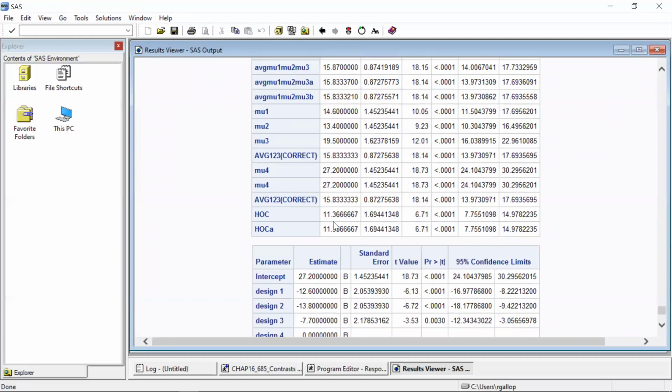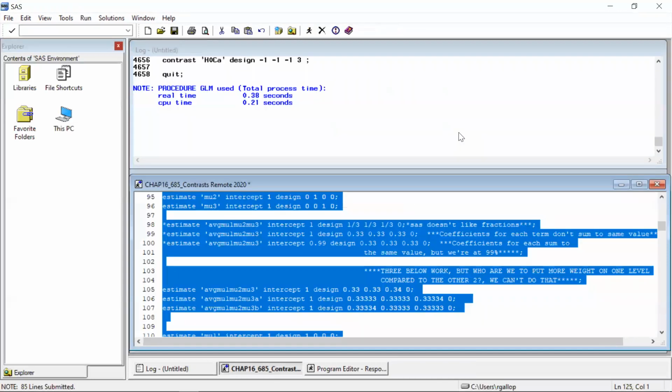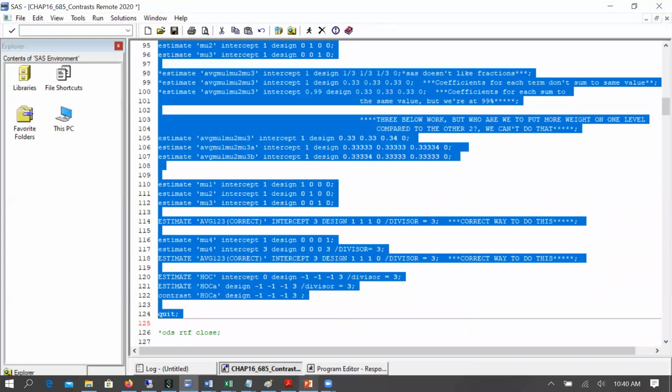So if I take 11.366667 divided by the standard error 1.69441348, and then square that ratio, that gives me 45.00, which is what you see in the F. So it doesn't matter if you multiply both sides of the equation. The estimate statement is good in that it gives us the estimated value. So that's cool.